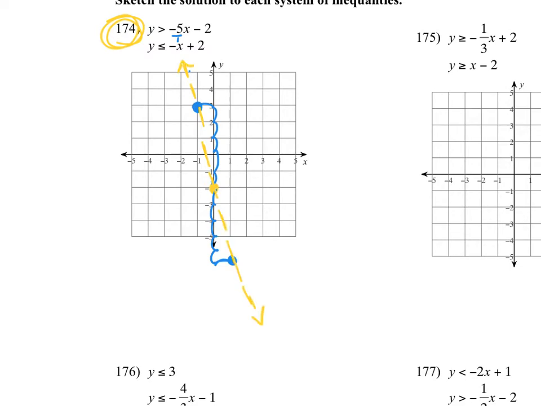Okay. And now you have to determine, okay, what side am I going to be shading? This is my point. It says here that y is greater, so I'm going to shade my greater side. So it seems as though my y's are getting bigger. So if you take a look at that middle point where it crosses the y axis, and I'll do it in red, this right here is my point that I'm looking at.